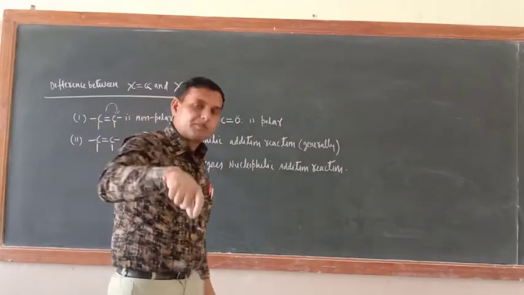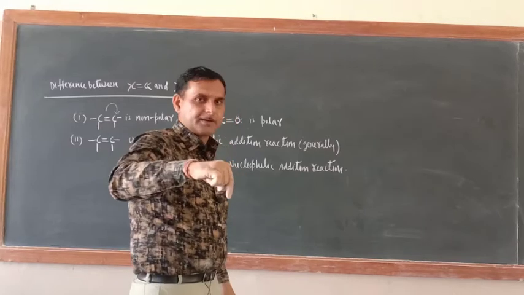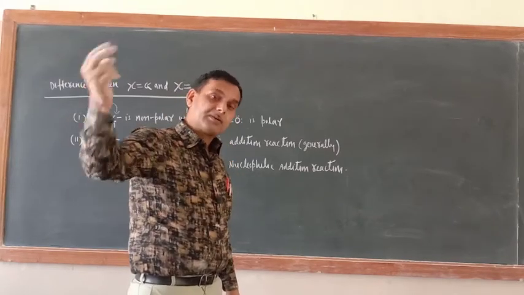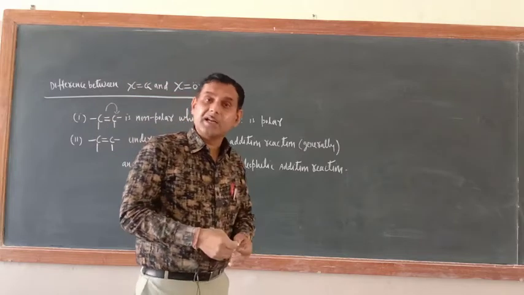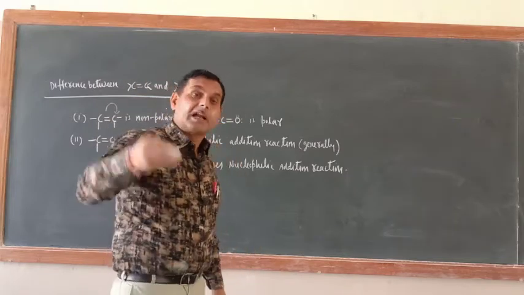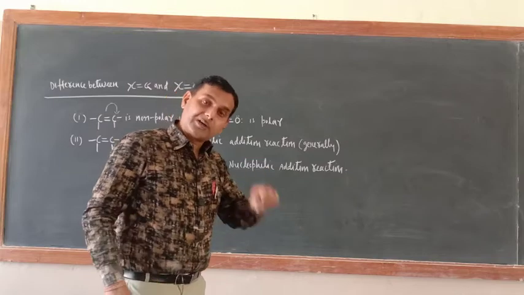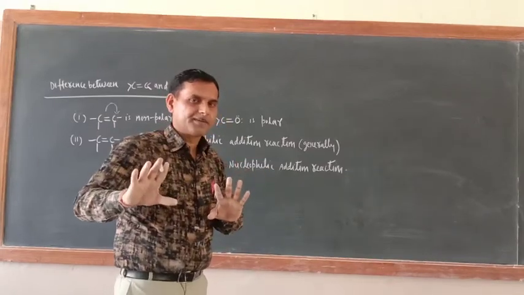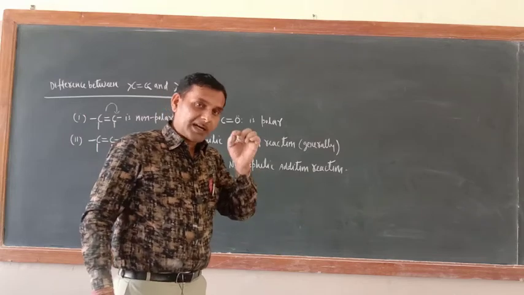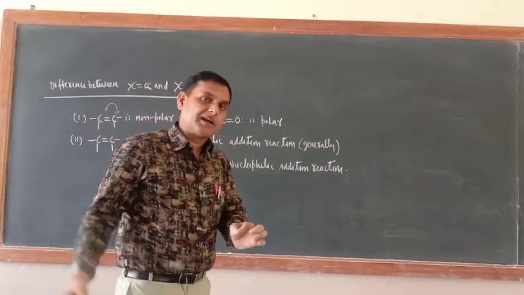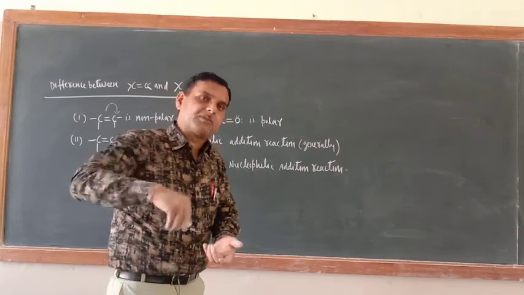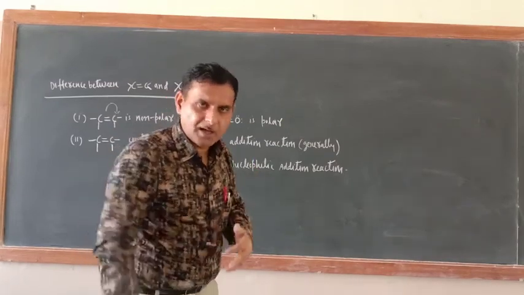At an electrophilic center the nucleophile will attack, and at a nucleophilic center the electrophile will attack. Are you getting my point or not? Once again, at an electrophilic center the nucleophile will attack, at a nucleophilic center the electrophile will attack. Reverse.